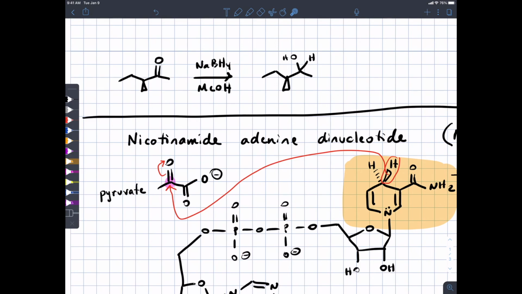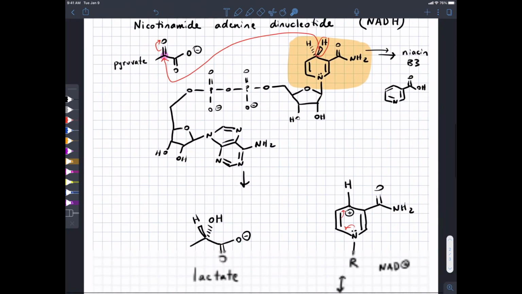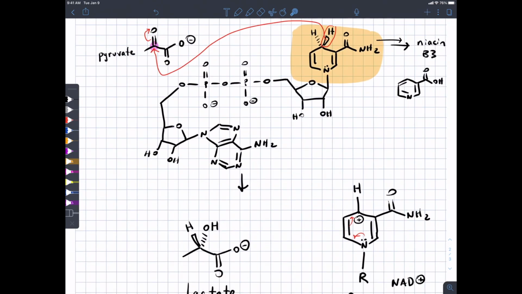Should we just assume that the negatively charged oxygen on the pyruvate doesn't just pull the hydrogen off of the NADH somewhere? You should assume that this negatively charged oxygen is different from the negatively charged oxygen that's present in the tetrahedral intermediate.